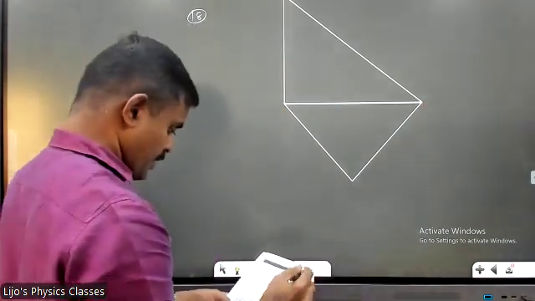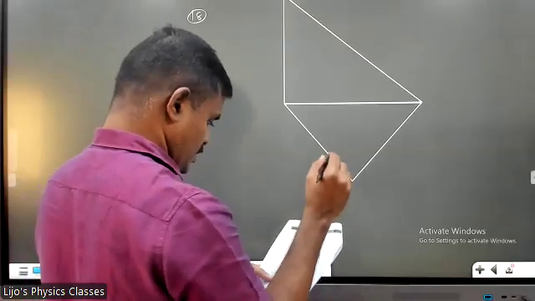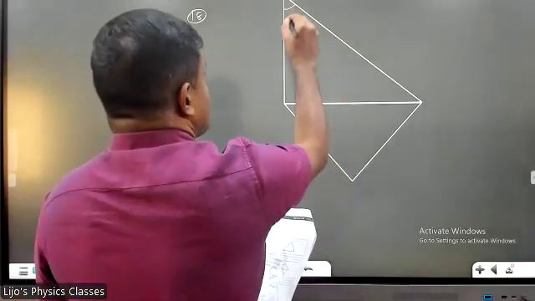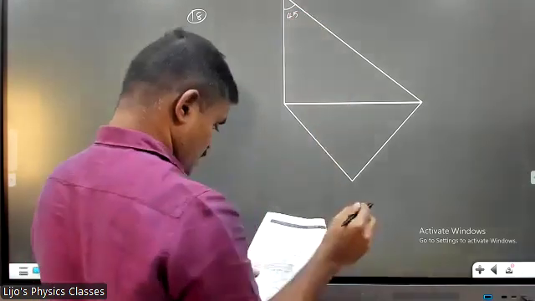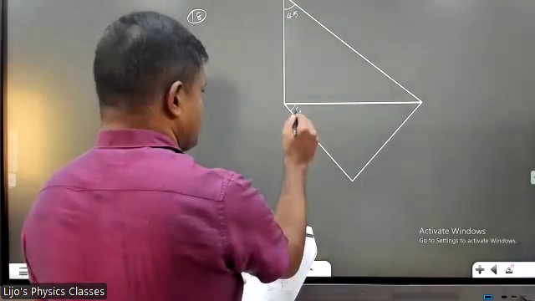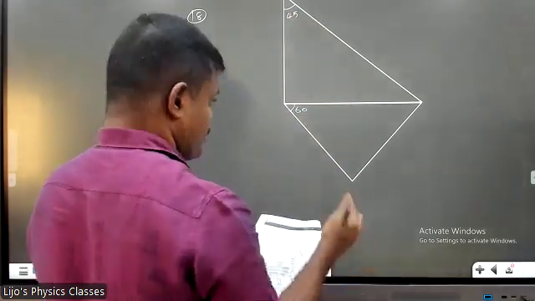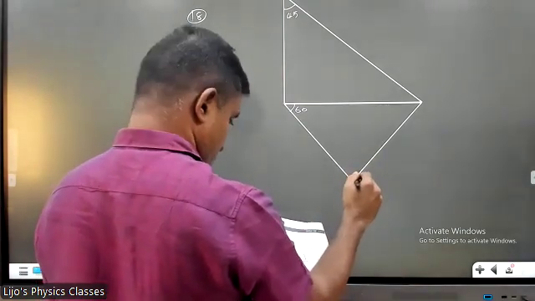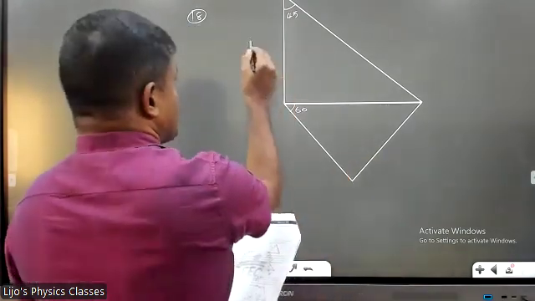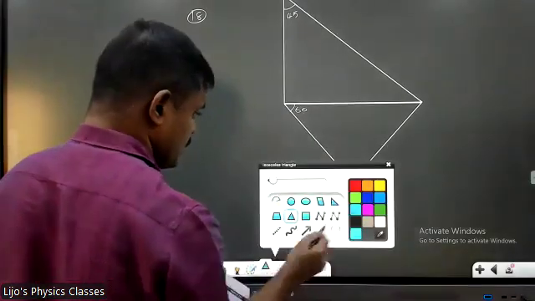Draw the angles as well. This is 45 degrees. And this is 60, which makes this angle also 60. Keep that in mind. I don't want to make my figure look cluttered. Okay.